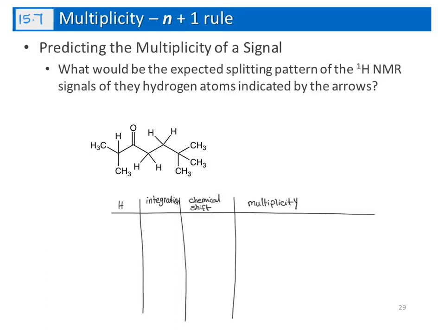So if you look at the methyl groups right here, these methyl groups are interchangeable because we have free rotation about this bond. So these 3 methyl groups have the same chemical environment, therefore they are basically identical, and all of them together are going to give 1 signal in hydrogen NMR. So I'm going to label them as A.